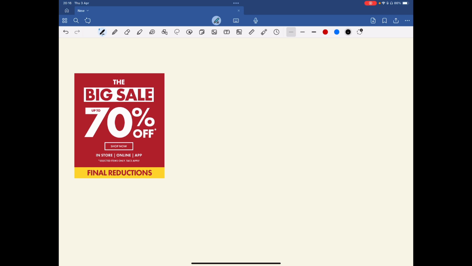So let's say we get an offer in our nearest shop and we are going to buy some things there. Now you are going to buy a t-shirt. The price of the t-shirt is £50. Now you have to find out what's 70% of that 50. Keep it in your mind, you just have to calculate.